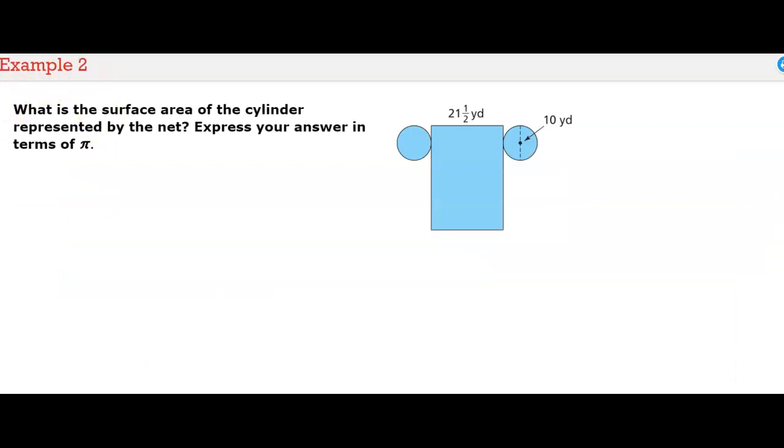What is the surface area of the cylinder represented by the net? Express your answer in terms of pi.